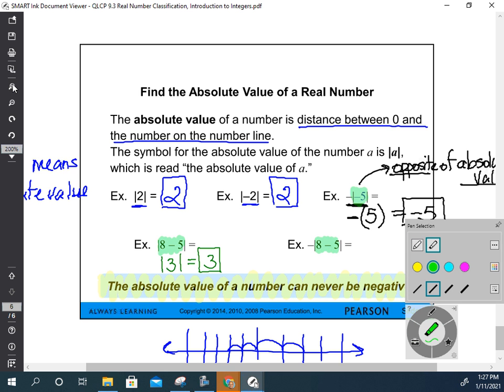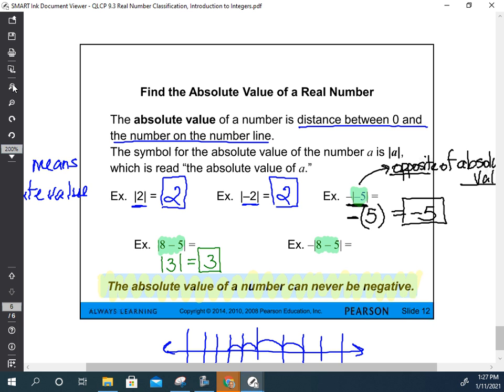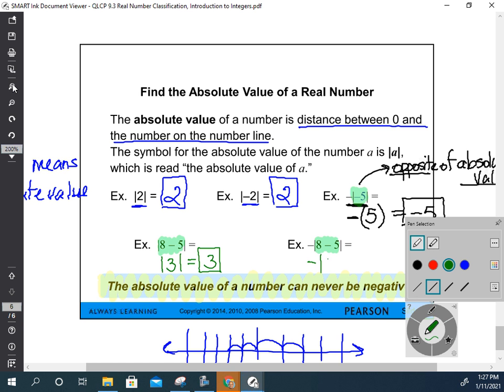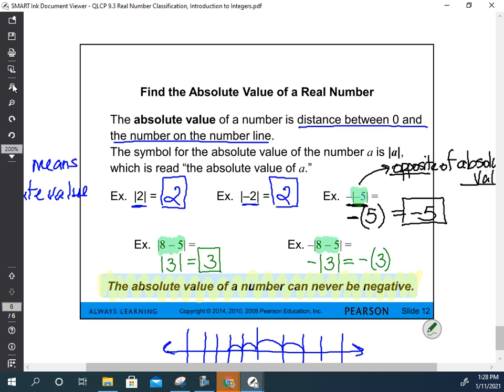Last example. So 8 minus 5 is still 3. And the absolute value of 3 is 3. So that means take the opposite of 3. What's the opposite of positive 3?